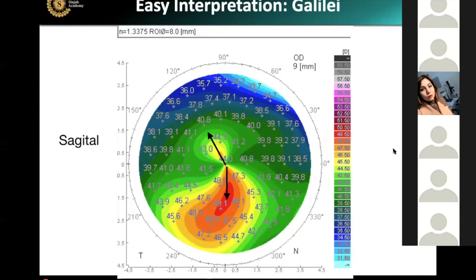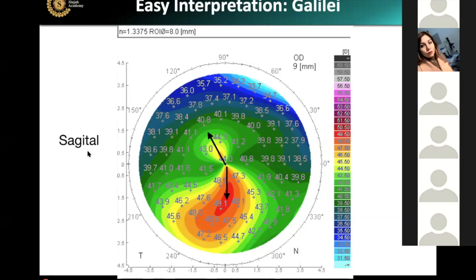Unfortunately, in the Galilei, you can use neither of those two methods. There are no segments projected on the curvature map, and at the same time you cannot use the hemimeridians. So you have to draw it yourself, or you have to guess it yourself.